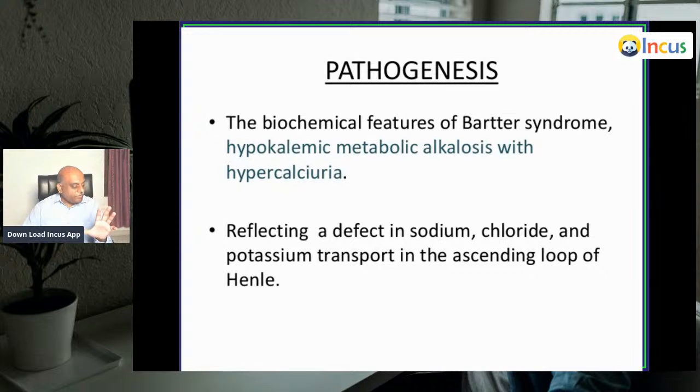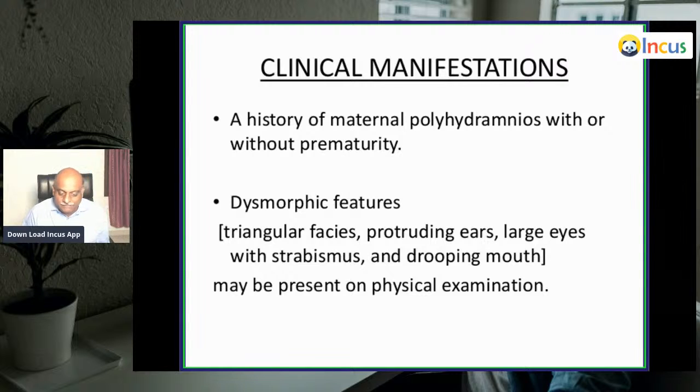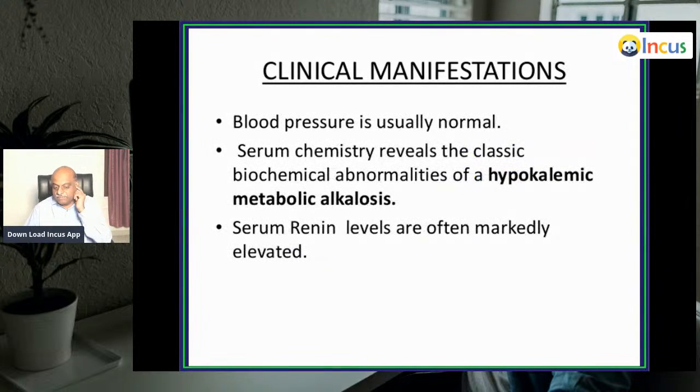The biochemical feature of Bartter, please don't forget: hypokalemic metabolic alkalosis with hypercalciuria characterizes Bartter. And the problem is a defective sodium chloride potassium transporter in the ascending loop of Henle. Typically, a history of maternal polyhydramnios without prematurity and dysmorphic features like triangular face, protruding eyes, large eyes with strabismus and a drooping mouth can be the presenting features.